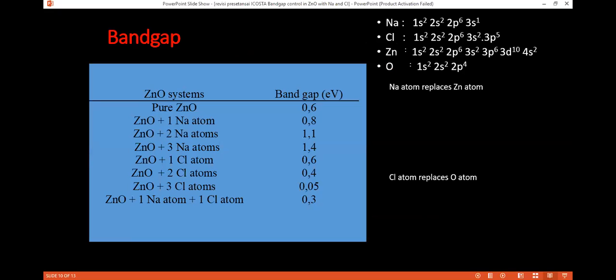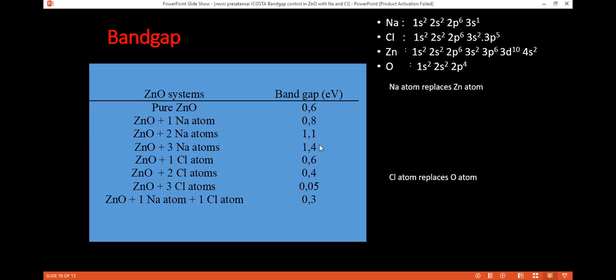This is the result of our calculation about band gap. We see here that increasing the number of sodium atoms will enhance the band gap. We remember that a sodium atom replaces a zinc atom. If we replace a zinc atom with a sodium atom, it means that we will produce one hole.